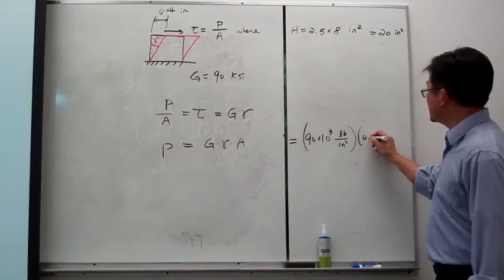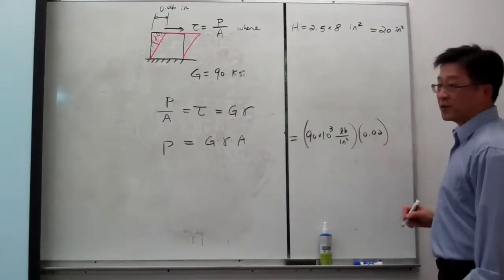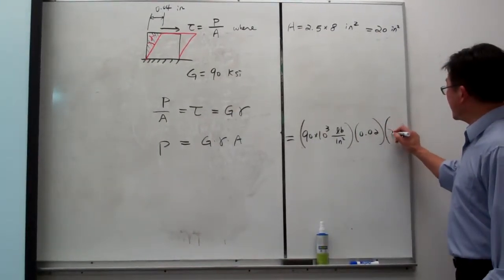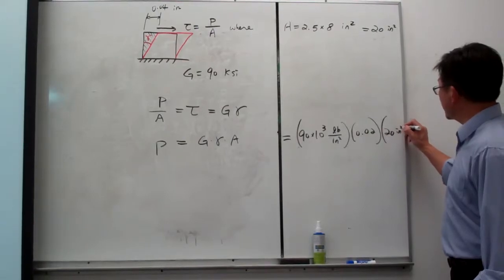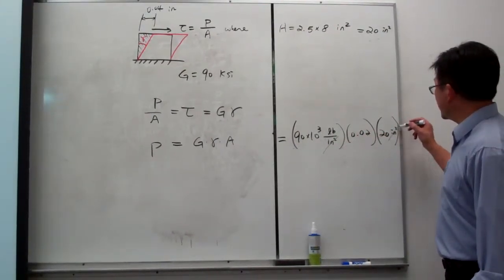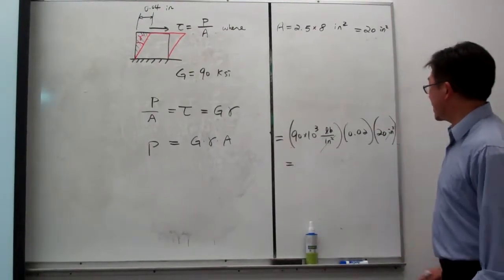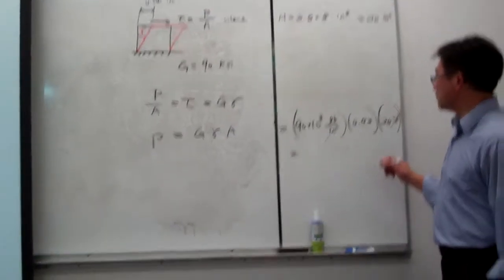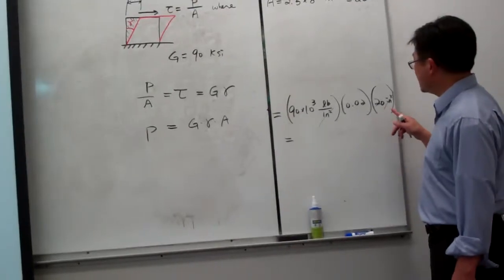And gamma, we simply calculated already 0.02. And area is equal to 20 inch squared. So basically here we cancel the inch square here. So we can obtain the value equal to how much? 90.